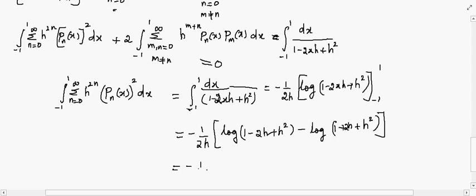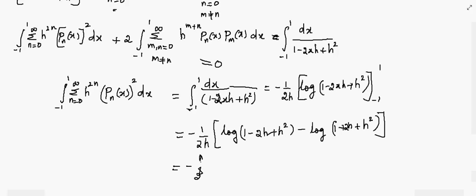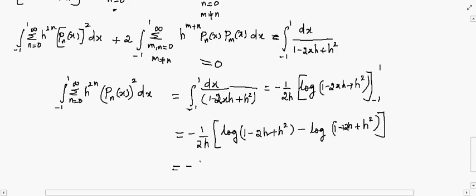That is minus 1 by 2h into, now this is nothing but log of 1 minus h whole square, then minus log of 1 plus h whole square.